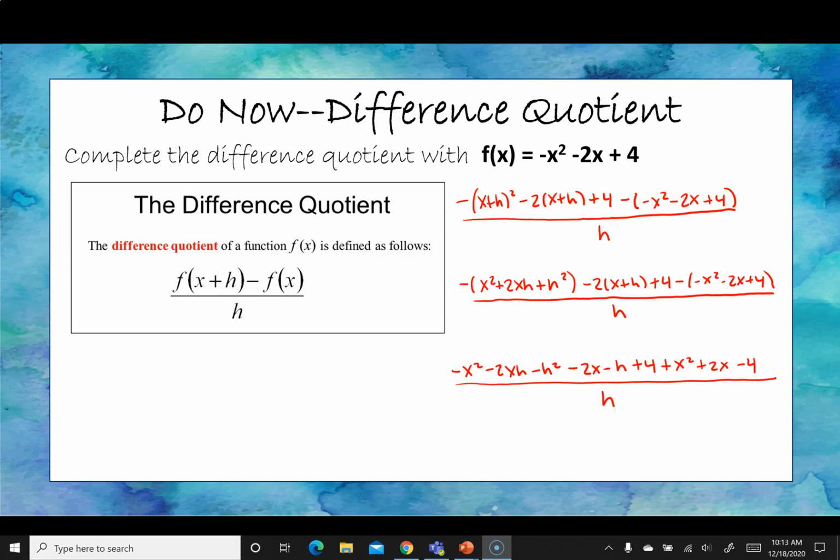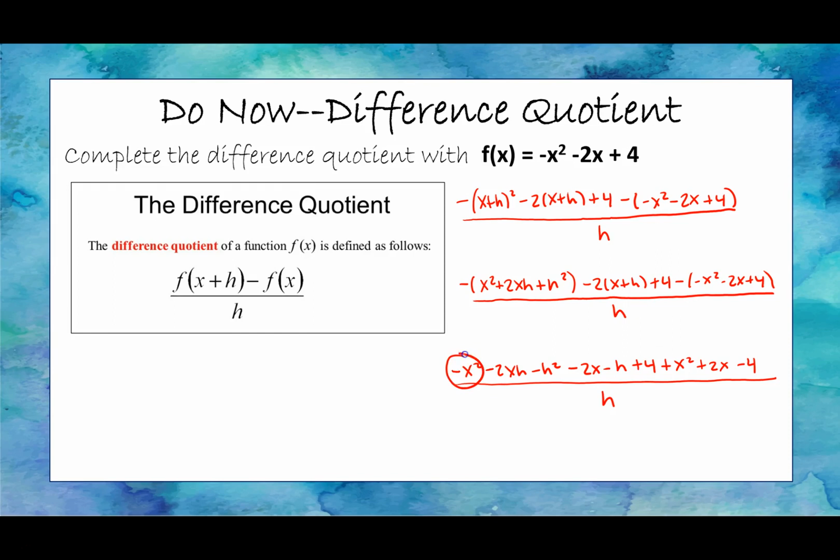I'm hoping that you got to this phase right here, and you can see that your negative x squared and your x squared cancel, your minus 2x and your plus 2x cancel, your plus 4 and your minus 4 cancel. You pull out an h, and you're left with a negative 2x minus h minus 1, because of this guy right here, all over h.